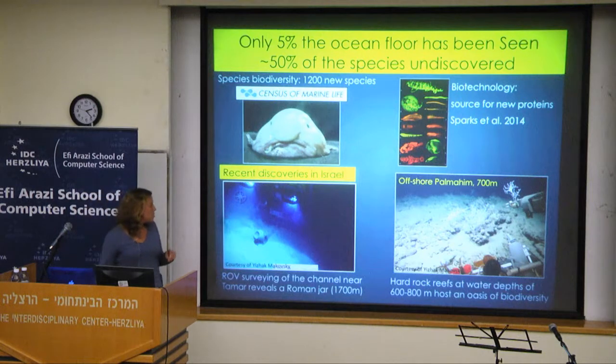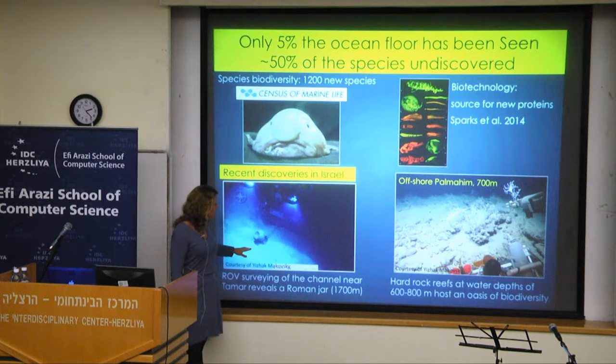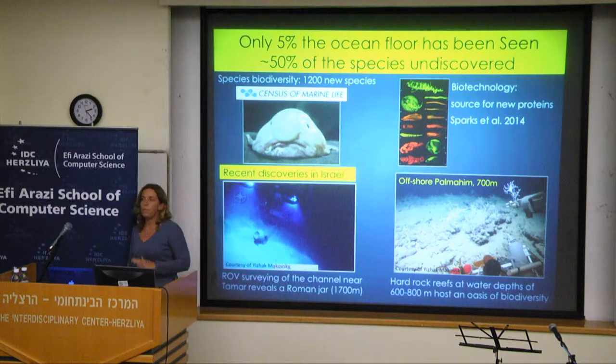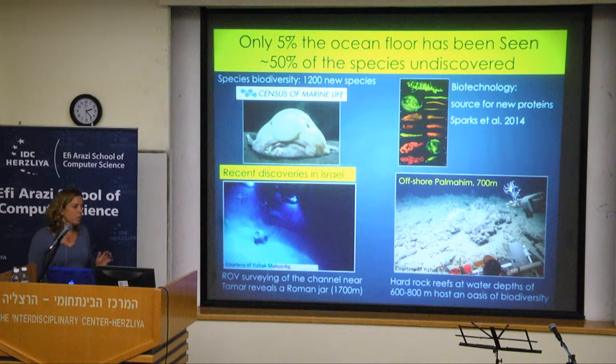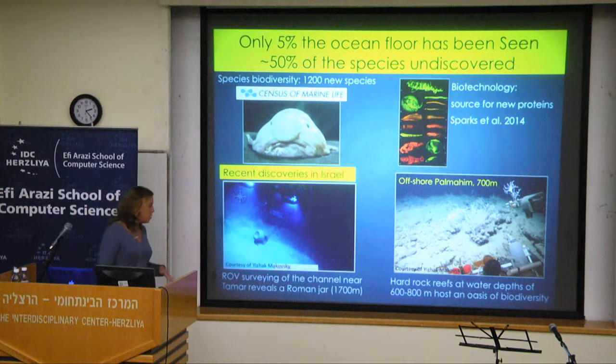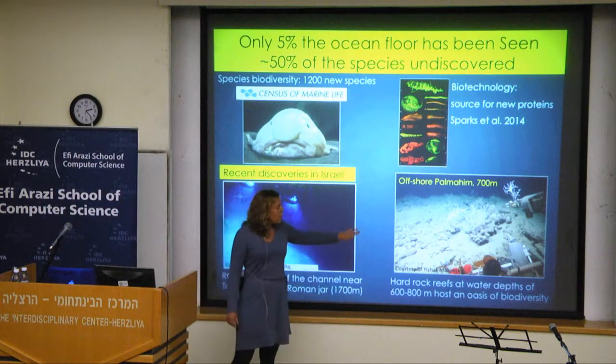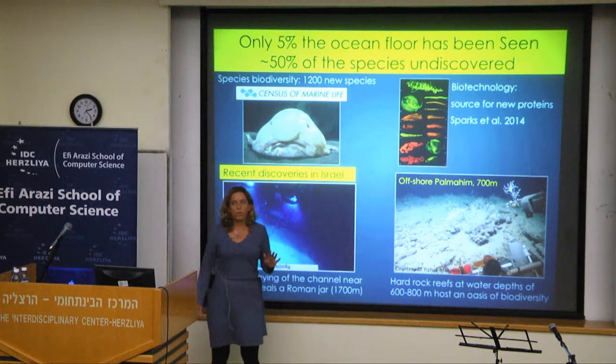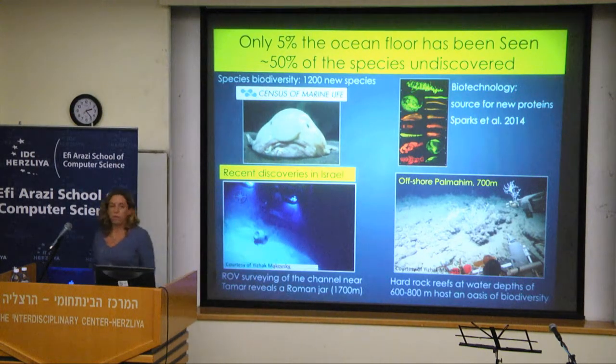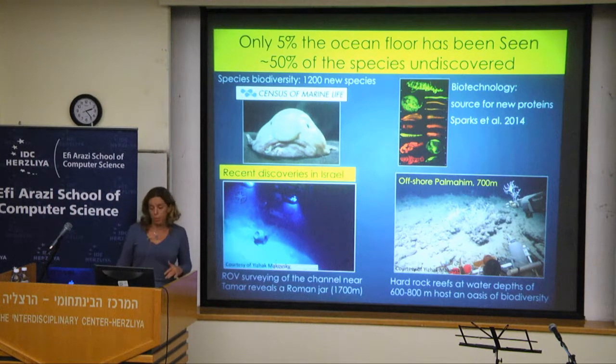In Israel, we now have more work in the ocean because of the gas drillings. This is an example of a Roman jar that was found near the Tamar drilling 3 years ago at a depth of 1,700 meters. And this is a new biological ecosystem that wasn't known until 3 years ago, at a depth of 700 meters off the shore of Palmachim.